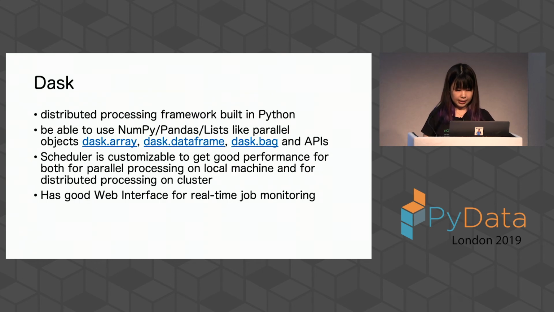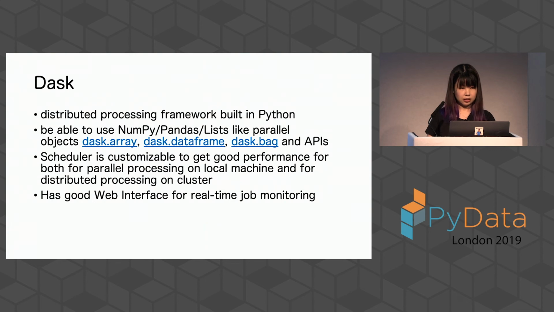Next is Dask. Dask is a distributed processing framework built in Python, a pure Python library. Dask is able to use NumPy and pandas-like parallel objects. They are named Dask array, Dask data frame, and Dask bag.